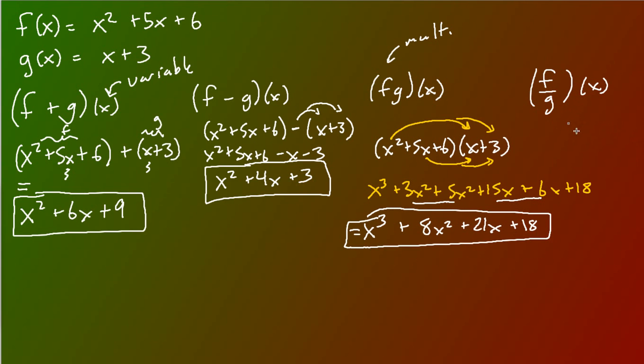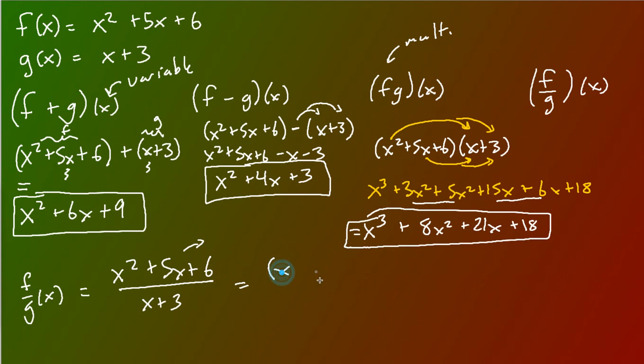Finally, dividing. I don't have a lot of room right here, so I'll do the f over g down here. So this means to divide these. Now, it's not always possible to actually do the division, but in this case, I can. So I have x plus 3 down here. I should be able to see that I can factor that.